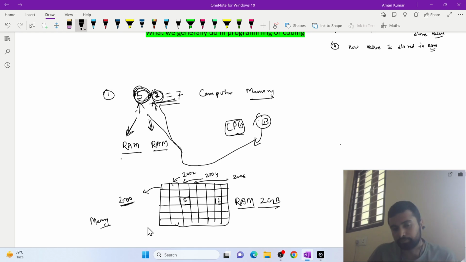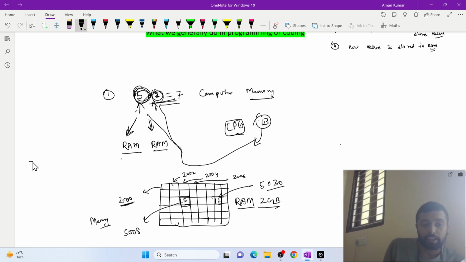When you have stored 5 here and 2 here, they will have some memory locations. Let's say this one is 5008 and this one is 5030. So at 5008 you have stored 5, and at 5030 your 2 is stored.